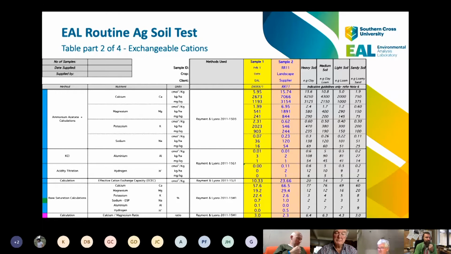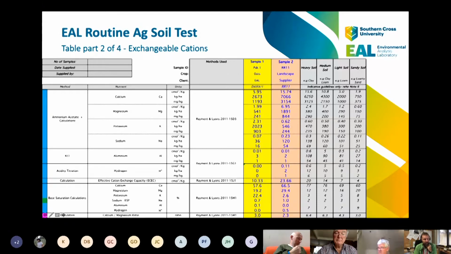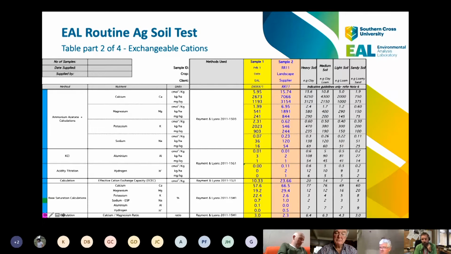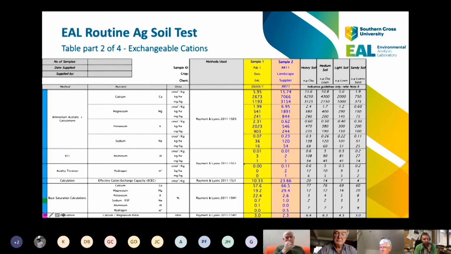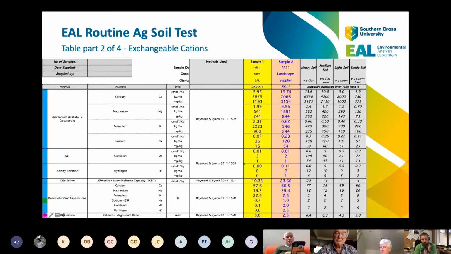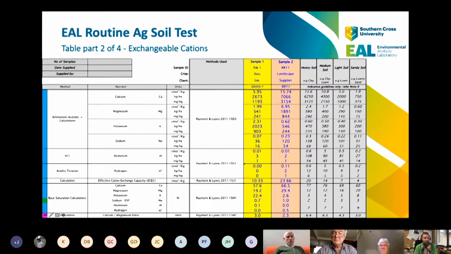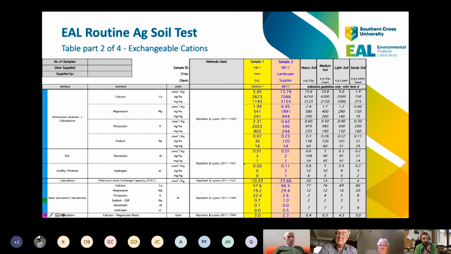So to be more descriptive of it, if I was looking at this oat soil, it has 10.33 effective cation exchange capacity. It's effectively between a clay and a loam. Because you've diluted your nutrients by taking a greater profile, I'll be looking right back towards your light to sandy soil for that.